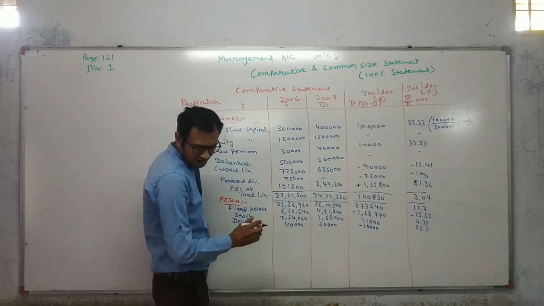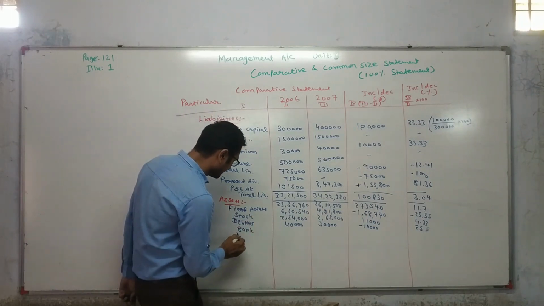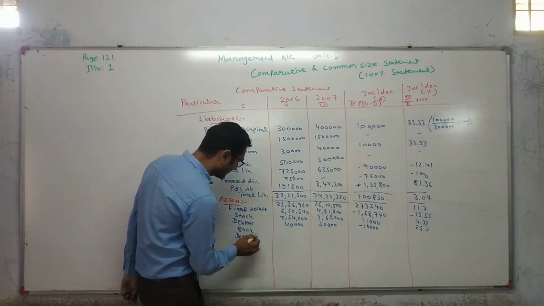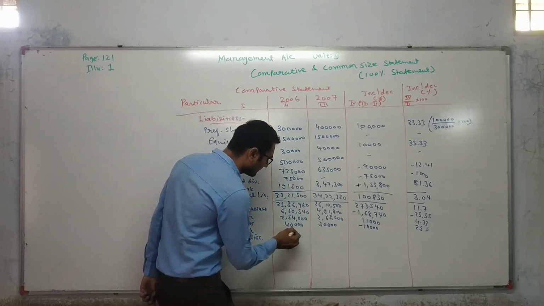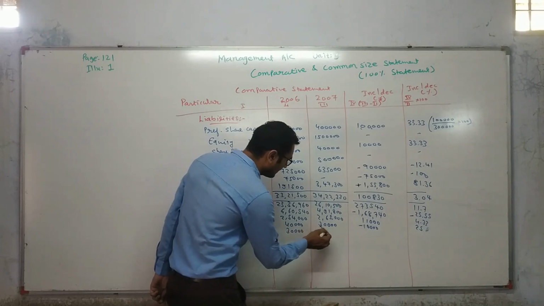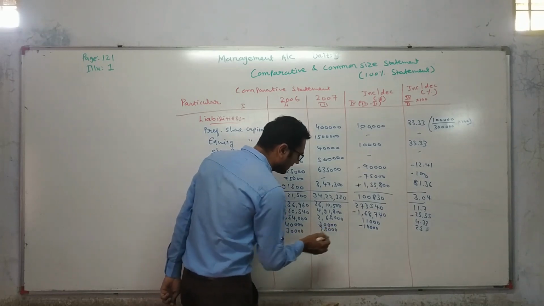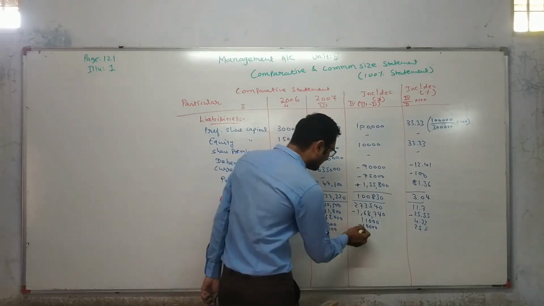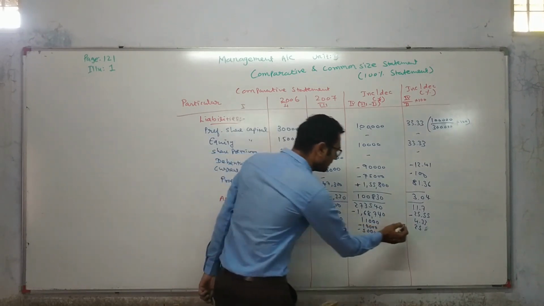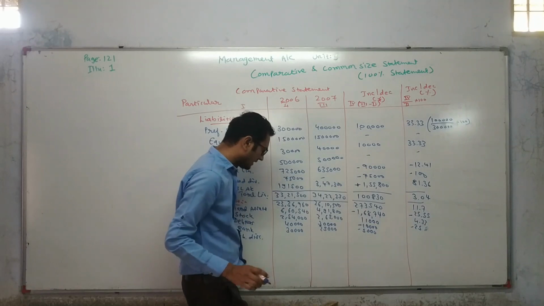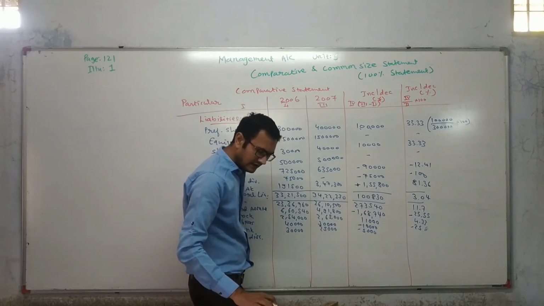And debenture discount. Now debenture discount is 30,000 and 25,000. So minus 5,000. Now 5,000 divided by 30,000.